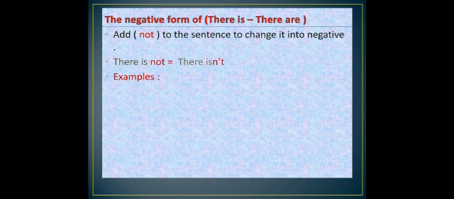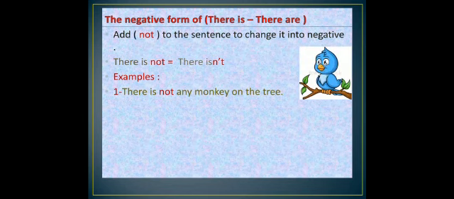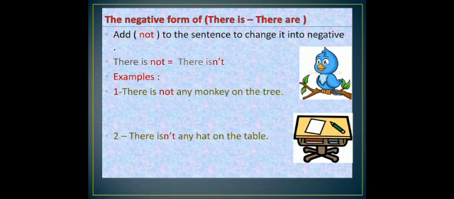Examples: there is not any monkey on the tree. Here, if you look at the picture, you're going to see a bird. There isn't any hat on the table. If you look at the picture, you're going to see a paper and a pen.